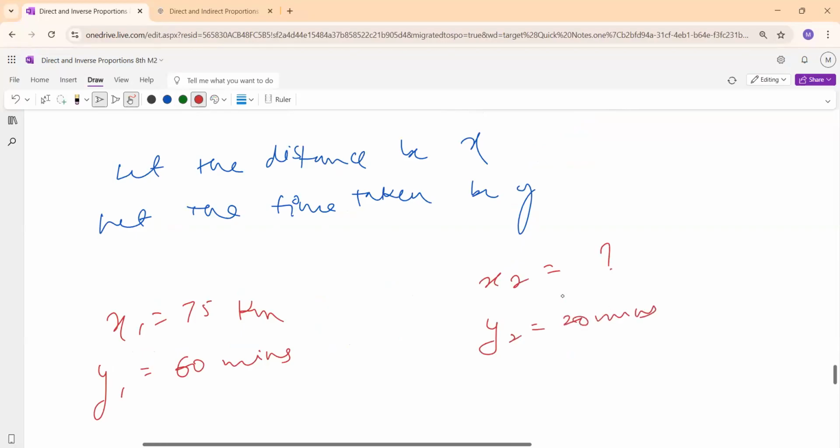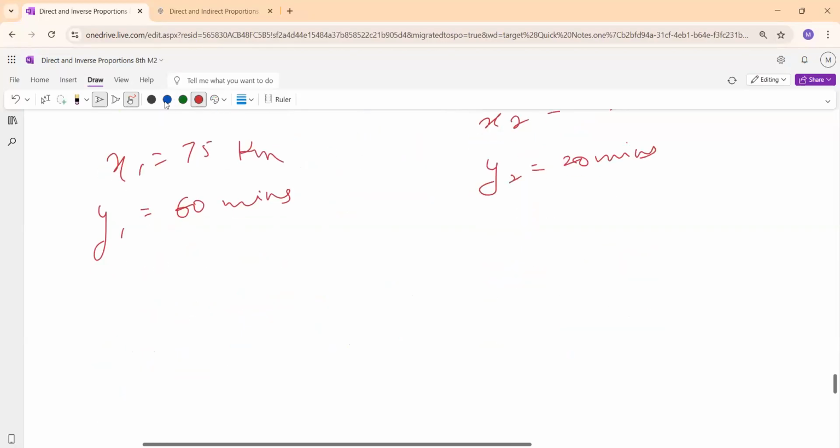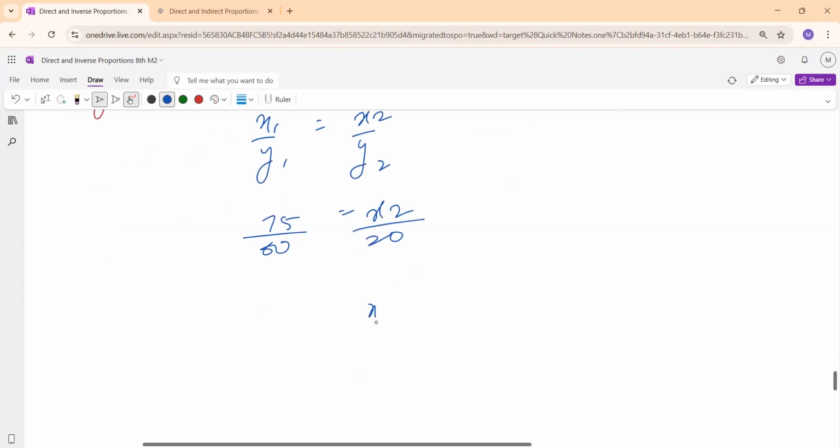We have x1, y1, x2, y2. We have to find x2. Put it in the formula: x1 by y1 is equal to x2 by y2. Guys, x1 is 75, y1 is 60. x2 we have to find out, y2 is 20. Take that 20 there. So therefore, x2 is equal to 20 into 75 by 60.